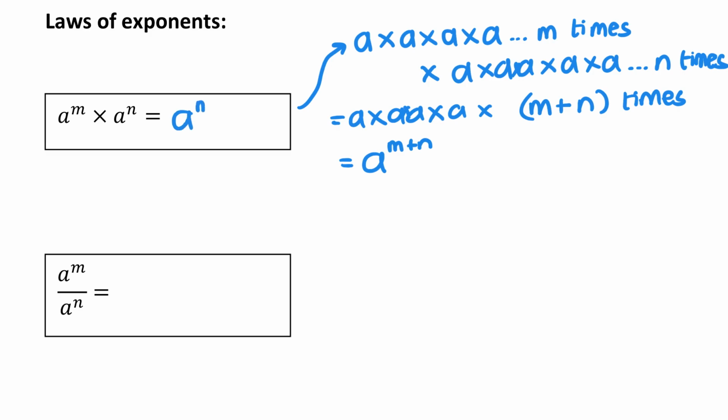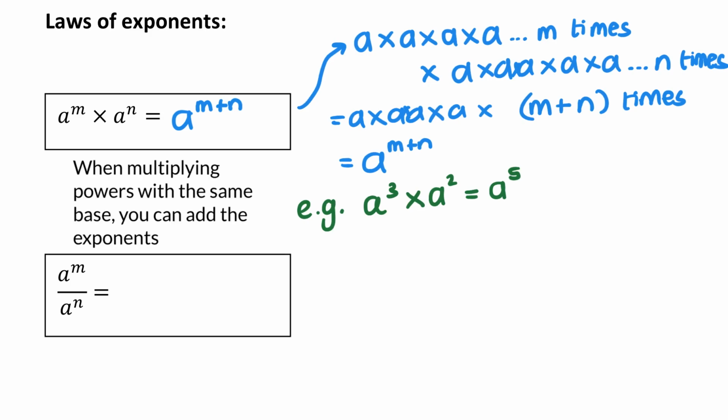An example of this law, using values that might be a bit more familiar to you, is a to the power of 3 times a to the power of 2 will be a to the power of 5. So in summary, when multiplying powers with the same base, you can add the exponents. The important thing is you need to have the same base, and then you can add the exponents.